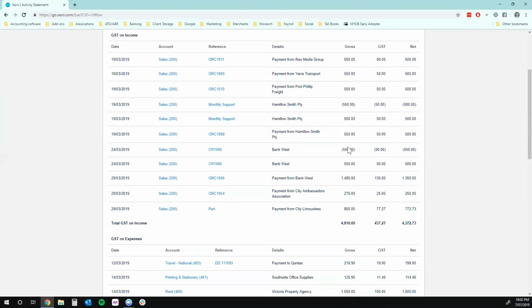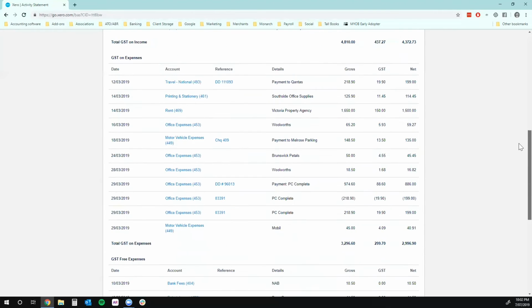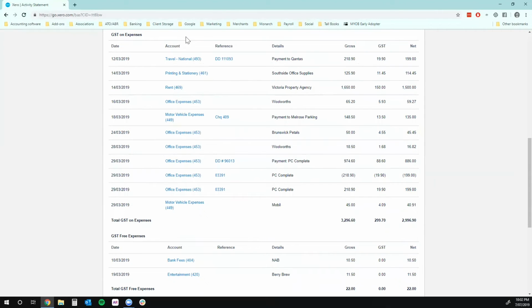The rest have gone through as normal, and the gross sales is 4810 with 437.27 charged in GST. So that's what we owe to the ATO. Keep in mind that we don't include cents when we report this to the ATO, and Xero will deal with that for you. So moving on from GST on income, we have GST on expenses.